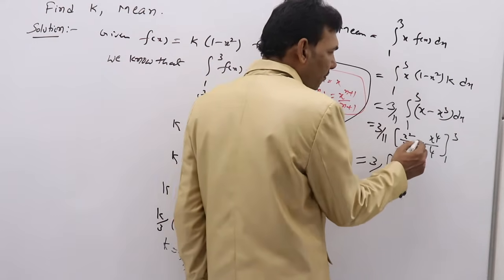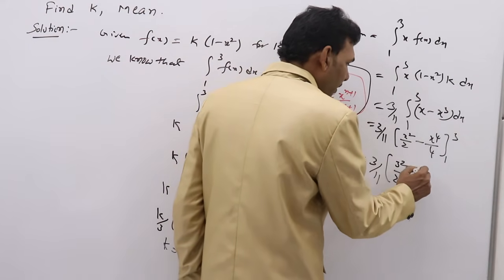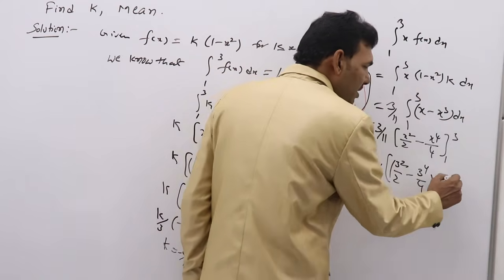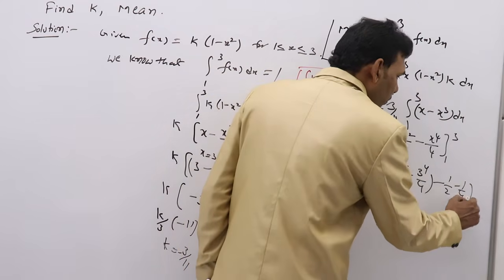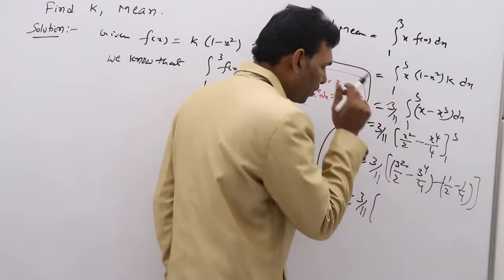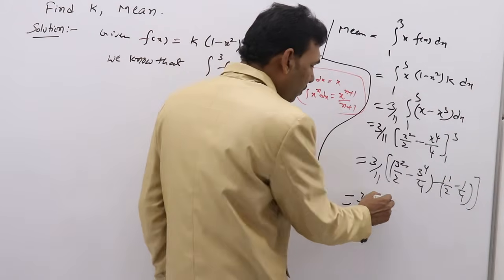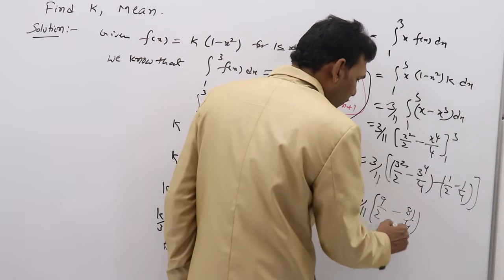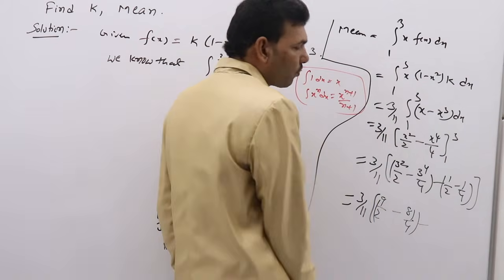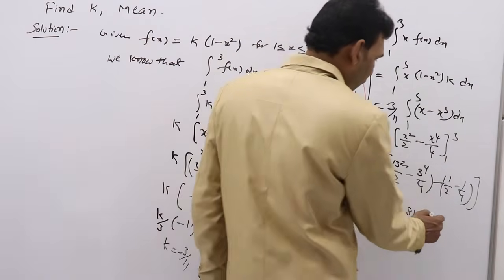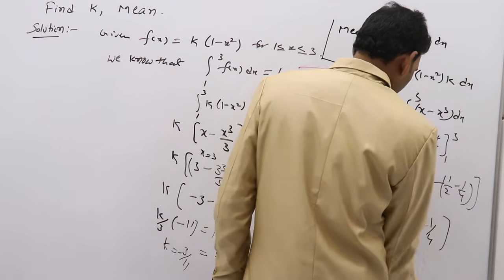So write in the place of x 3, 3 square by 2 minus 3 power 4 by 4. Next write in the place of x 1, 1 by 2 minus 1 by 4. So finally 3 by 11 into 3 square by 2, 9 by 2, minus 3 power 4, 81 by 4, minus, if you take 4 LCM, 2 minus 1, 1 by 4 you will get.